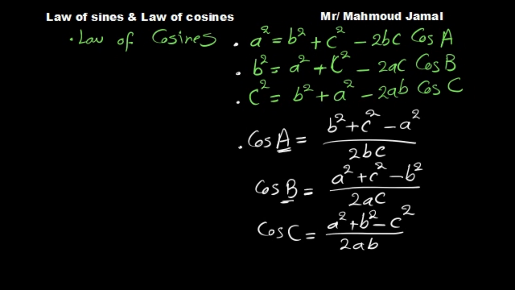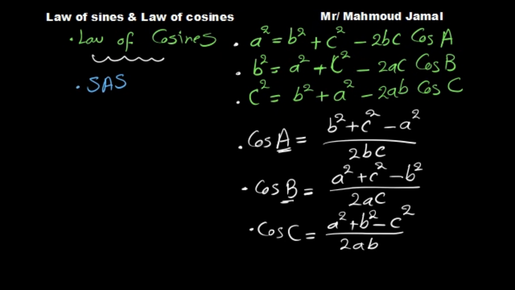Yes, I know it's more than one rule. How to use this rule? If you have side, angle, side, it's two sides and an angle. In the law of sines, the angle had to not be included between the other two sides.